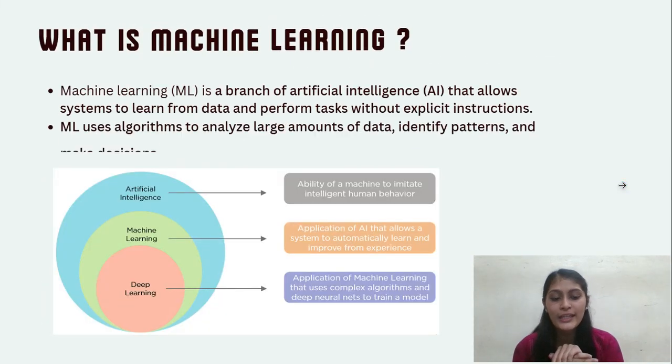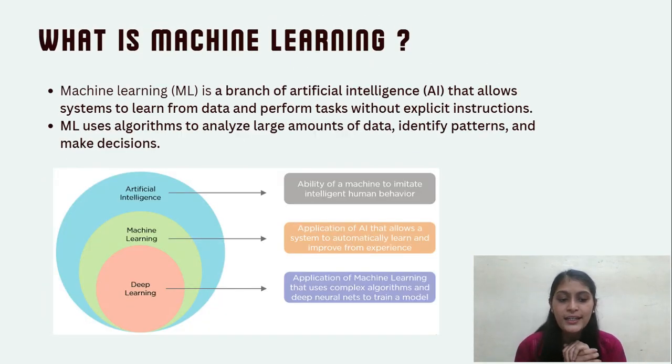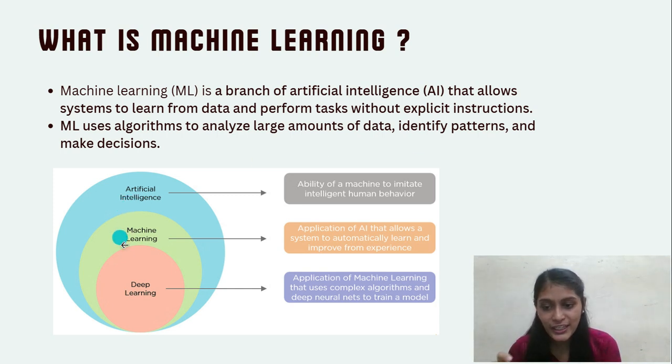Before going on to the applications of machine learning, let's discuss a few terms: artificial intelligence, machine learning and deep learning. Artificial intelligence, as the name suggests, is providing a machine the ability to imitate intelligent human behavior. Machine learning is a subset of artificial intelligence.